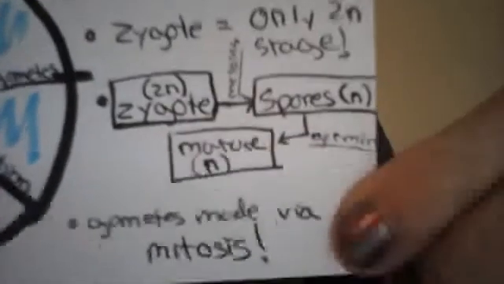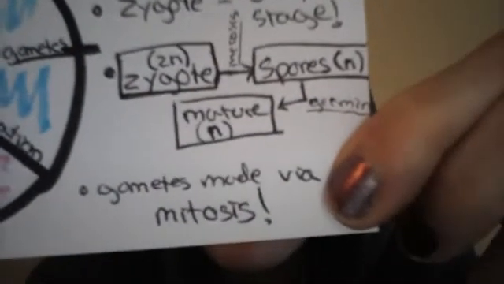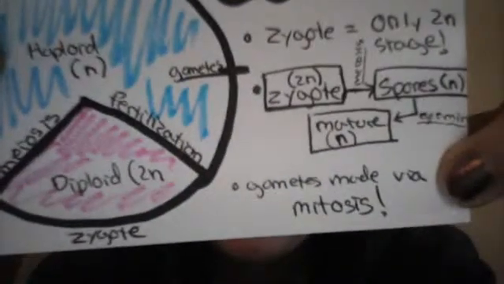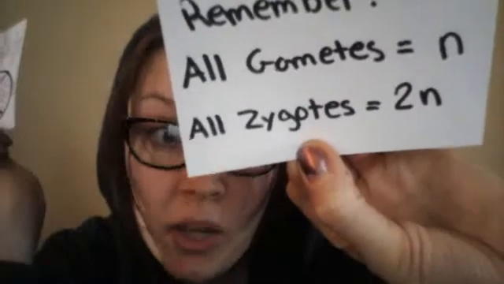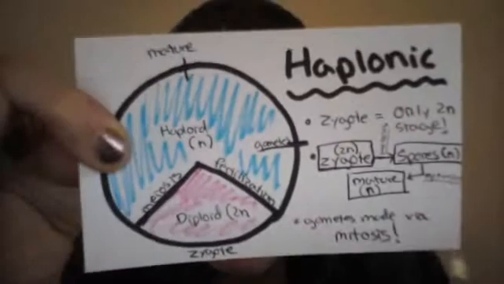The gametes, in this case, are made via mitosis. Now remember, in the diplonic, the gametes were made via meiosis. In haplonic, gametes are made via mitosis. However, what still doesn't change is that all gametes are haploid and all zygotes are diploid. Alright? This is very important.